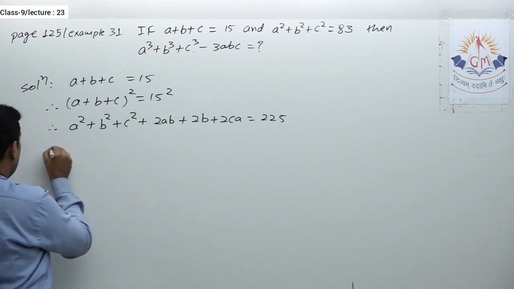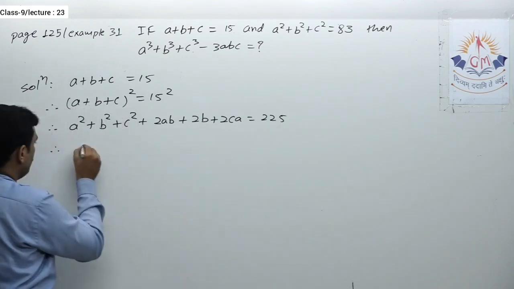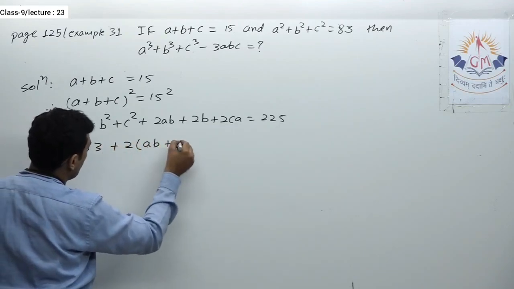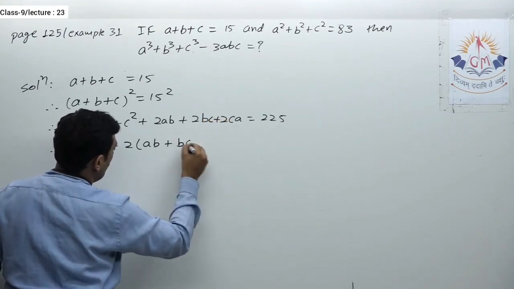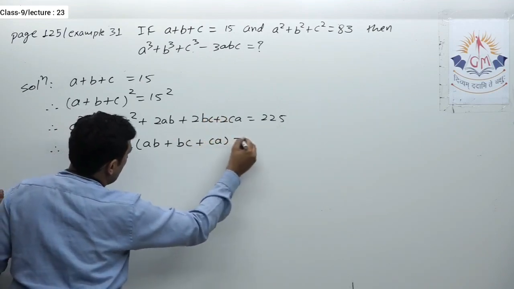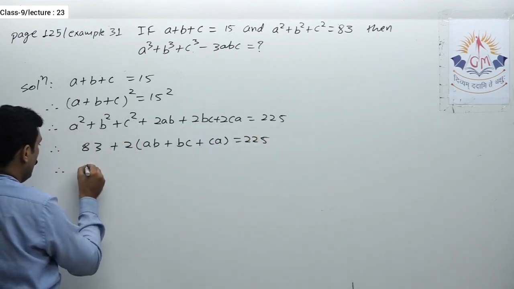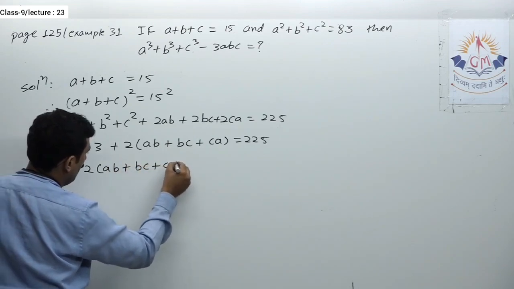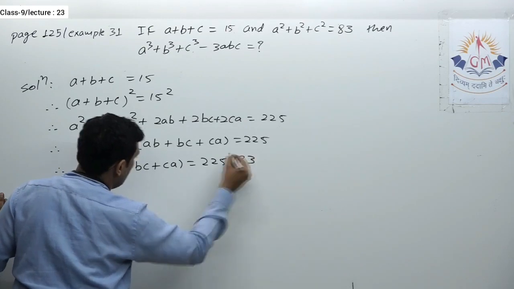Now a square plus b square plus c square is 83, and I can take 2 common, so I will get twice of ab plus bc plus ca is equal to 225 minus 83.